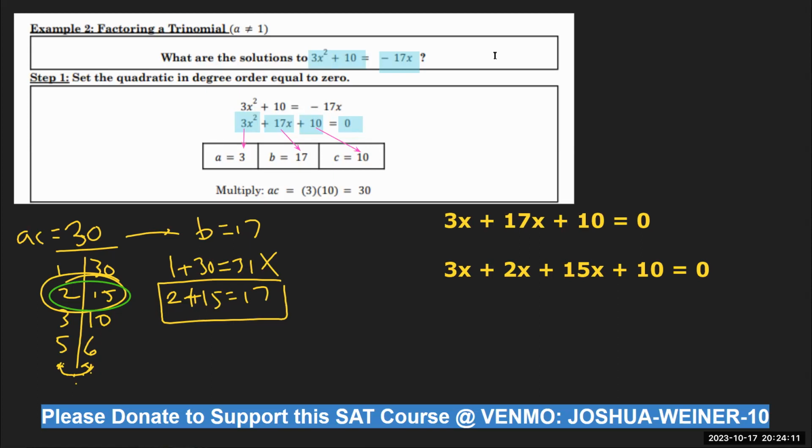So all we did was we found the correct ratio to share these 17 little linear units in the middle. We're rewriting it in a clever way as 2 and 15, because then we can regroup the first two terms and the second two terms and factor those.